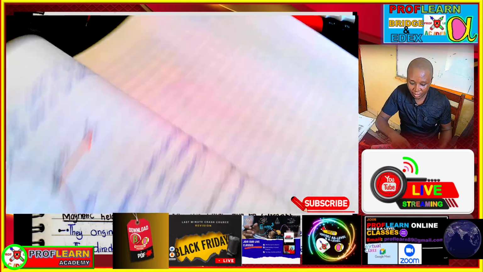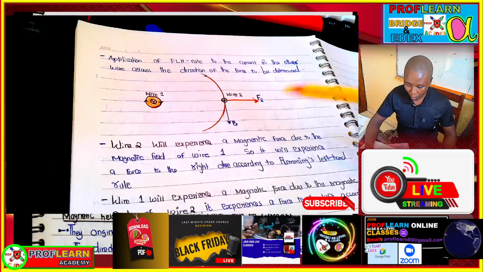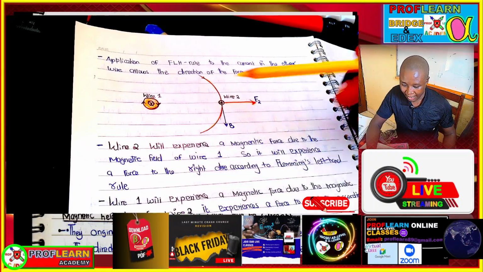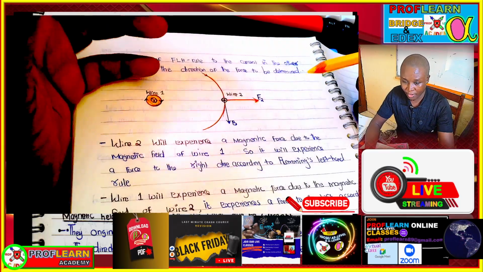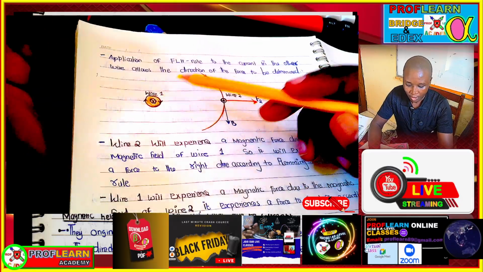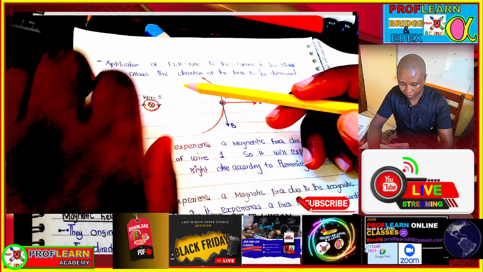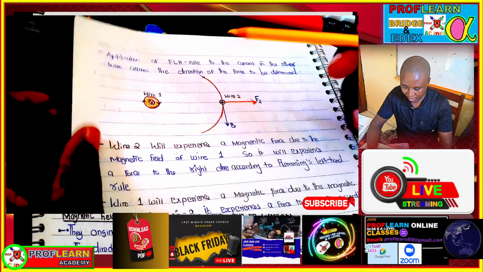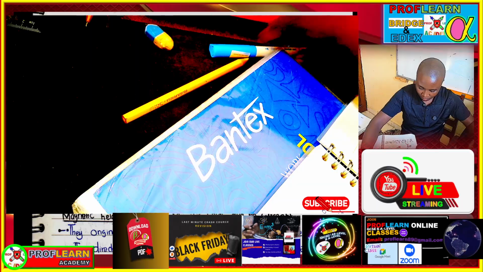So for instance, let's look at this scenario here. We have two wires, guys. Wire 1 where current is going into the page, and wire 2 where current is coming out of the page. If we want to predict the direction of the magnetic fields due to wire 1, the fields are going in which particular direction?